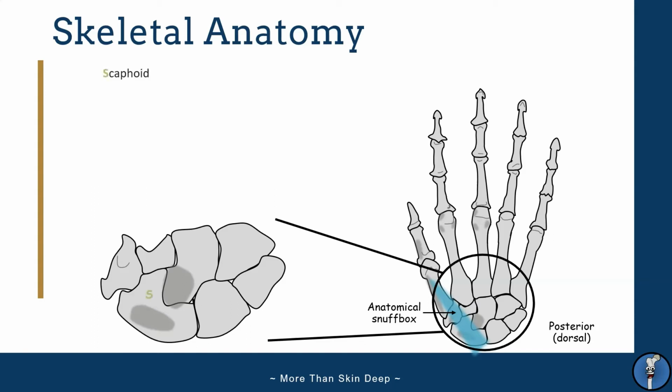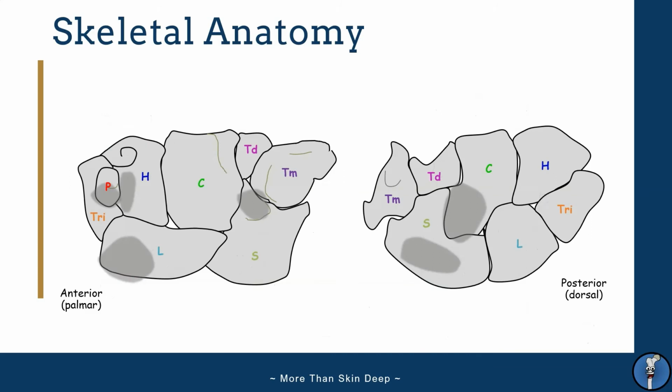But naming our carpals again, we have our scaphoid, our lunate, our triquetral, our trapezium, our trapezoid, our capitate, and our hamate. And now I'll give you a chance to look at the carpals from anterior and posterior views side by side. If you want to pause now and see if you can remember the names of these carpals, that'd be a good time to do so.